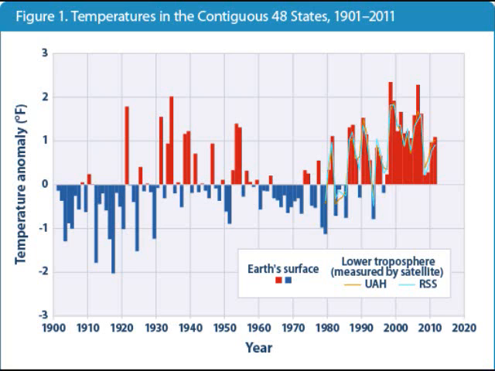You can see it at the top there, from 1901 to 2011, and on the right of the graph, 2010, the orange is far above average. The orange indicates above average temperature, and the blue is below average temperature.